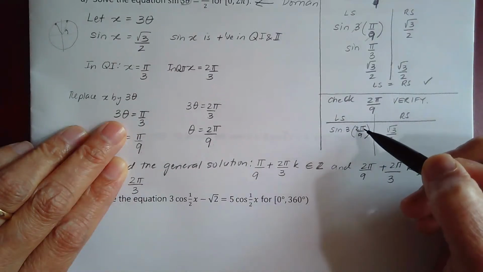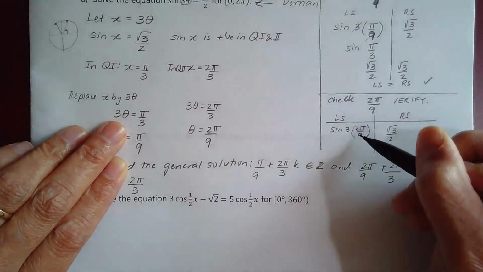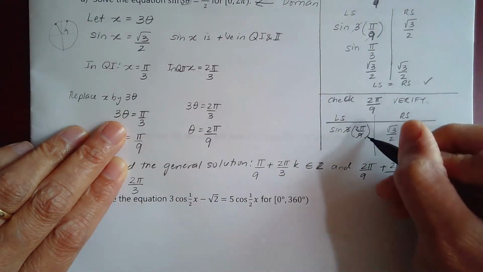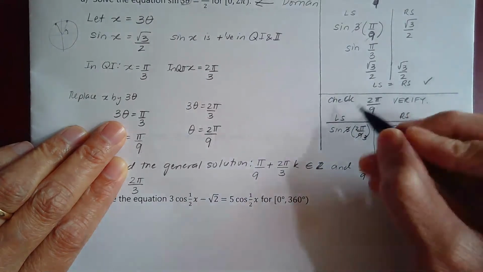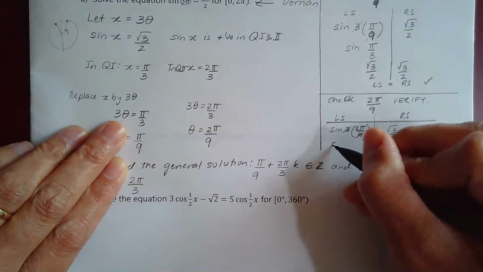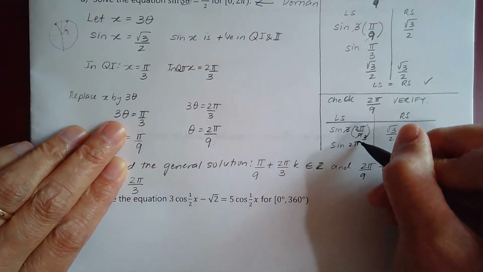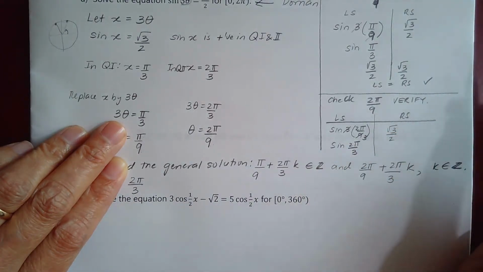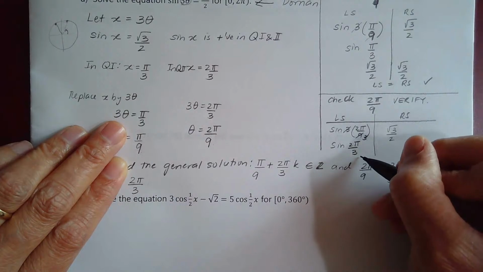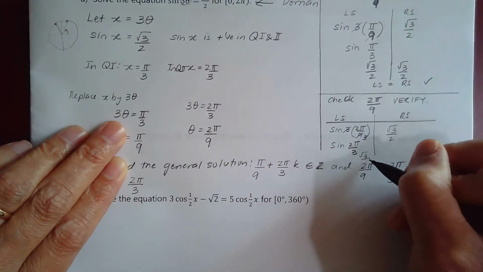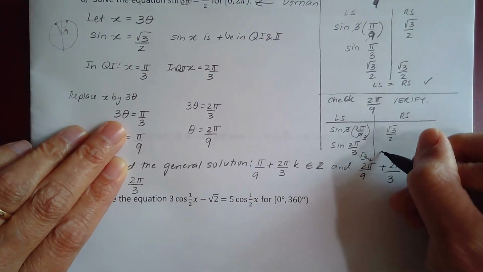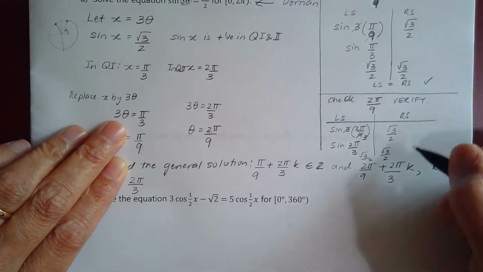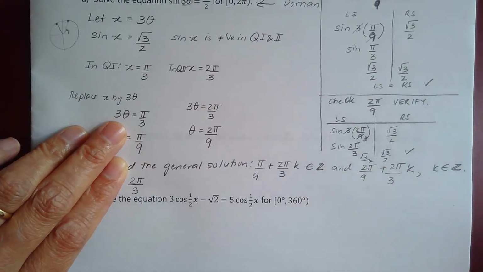So let's verify that it is true. 3 times 2 pi by 9, the 3's cancel, so we get sine of 2 pi by 3. Well, what's sine of 2 pi by 3? Sine of 2 pi by 3 is root 3 over 2. And the right side is root 3 over 2, so it is correct.